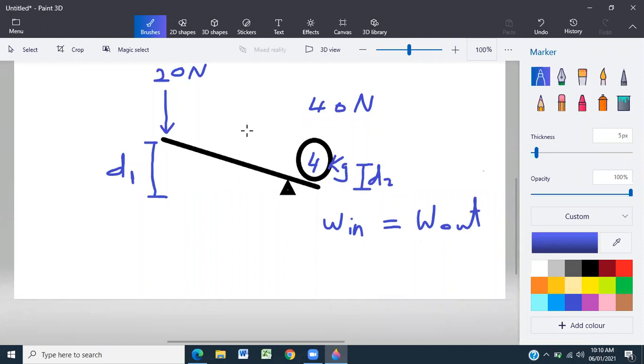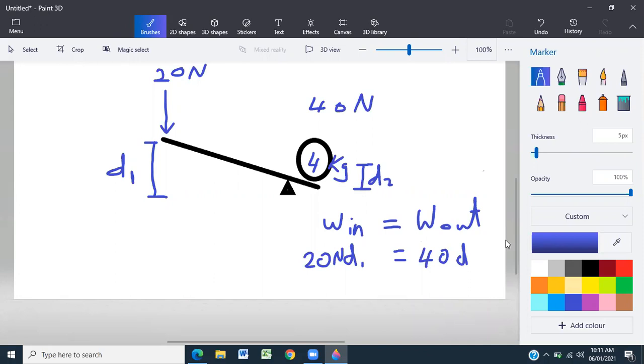If we apply this 20 newtons over some distance d1, what we get out, opposing this larger force, is 40 newtons over some distance d2.